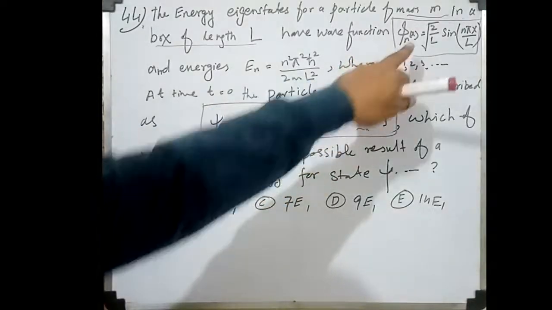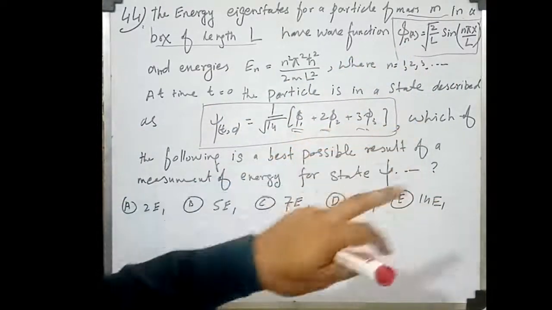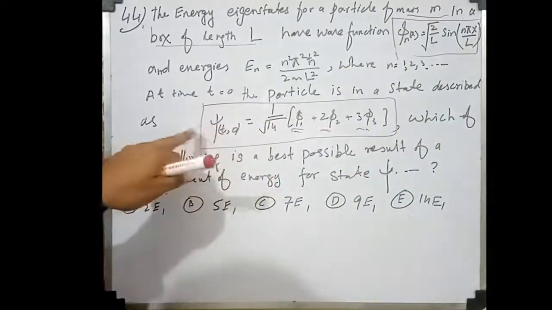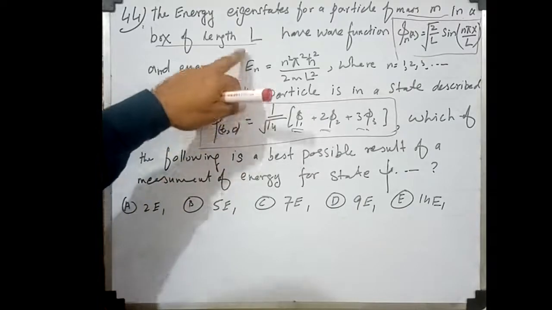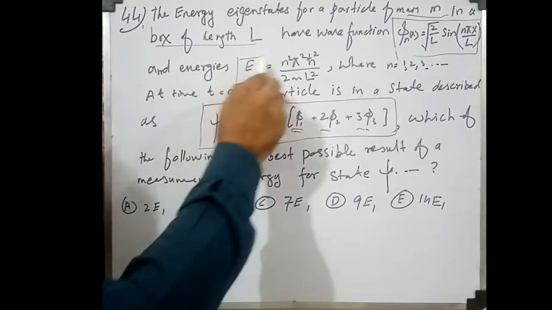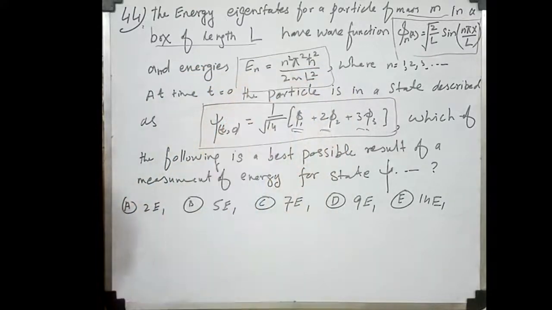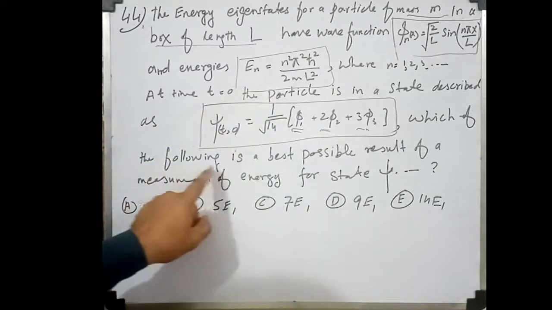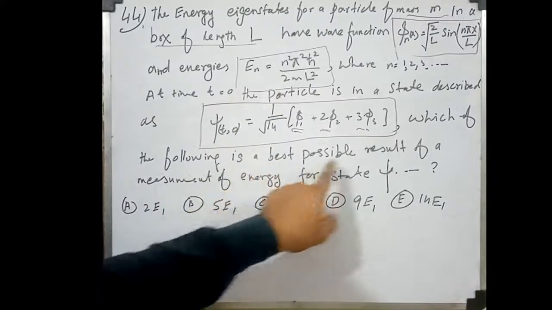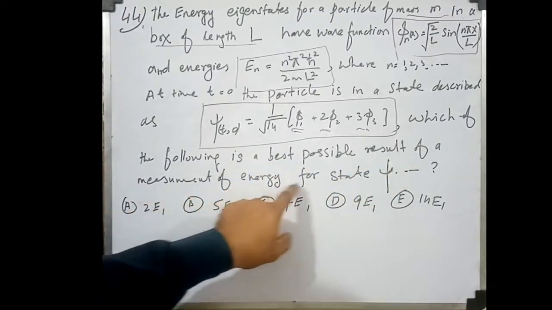This is phi n of x, and this is phi 1, phi 2 and phi 3, and psi is a linear combination of these. And we are given that the energy of the eigenstates En is equal to n square pi square h cut square over 2 m L square. Which of the following is the best possible result for the measurement of energy for the state?